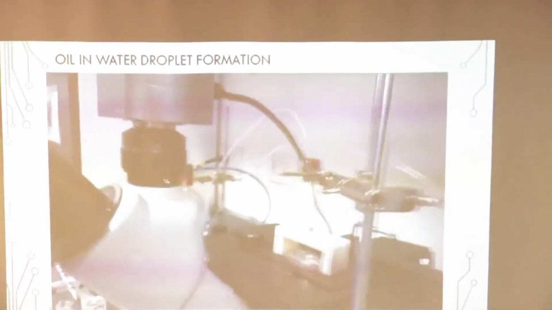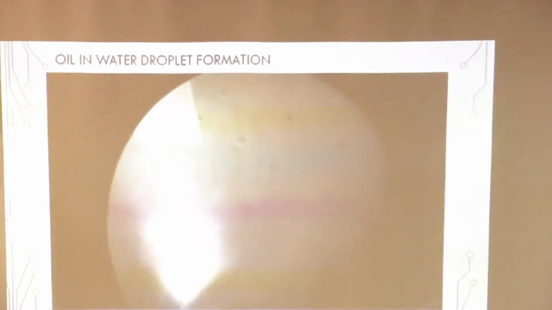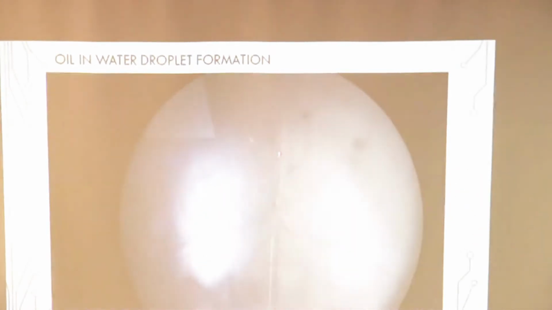Here comes the camera approaching the objective of the microscope, and we can see here how the microparticles are coming out from here. It's very thin because it's very clear, but you can see how the particles are formed here, one by one.